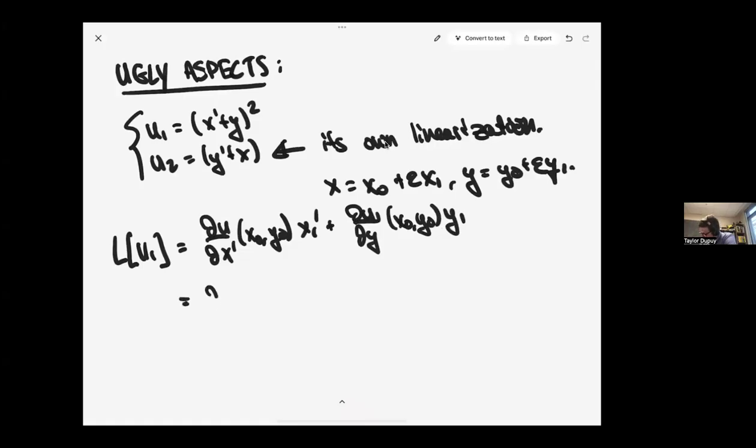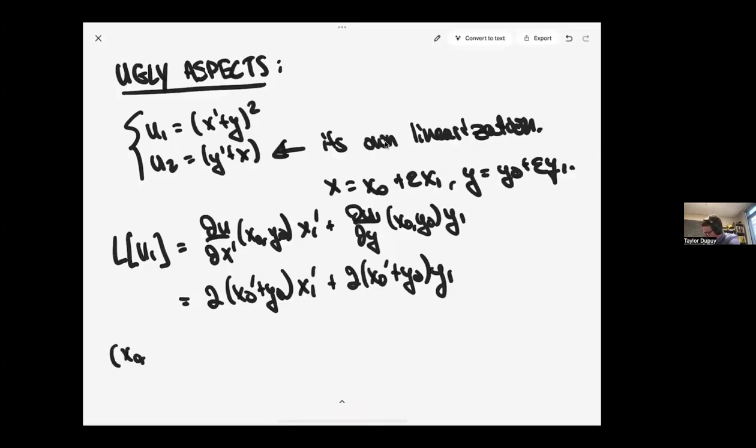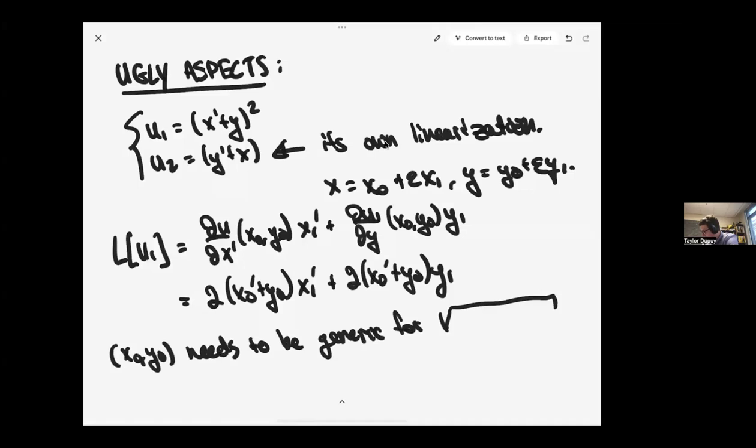And this becomes 2x0 prime y0 x1 prime plus 2x0 prime plus y0 y1. The point is that this x0, y0 needs to be a generic point for the radical, something that's in the radical of this thing.